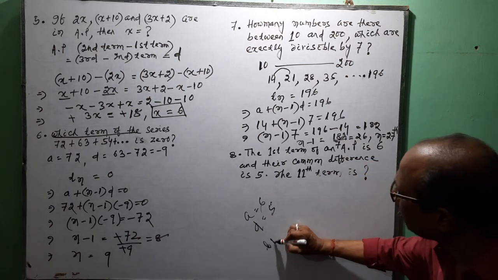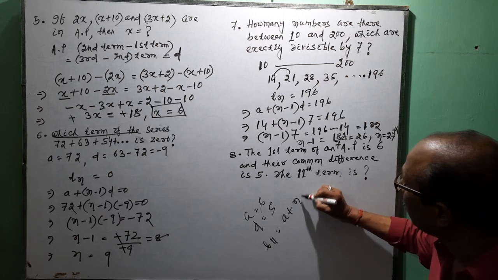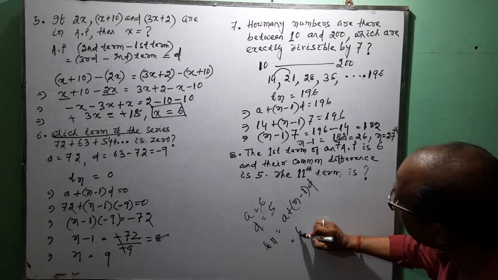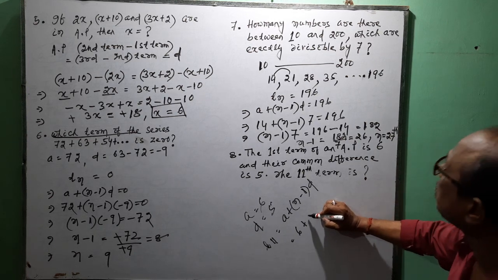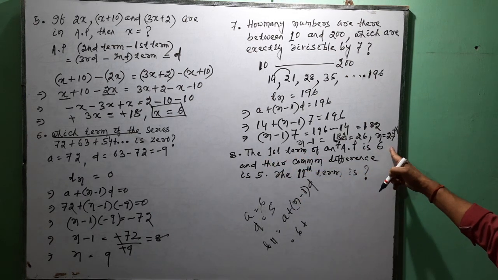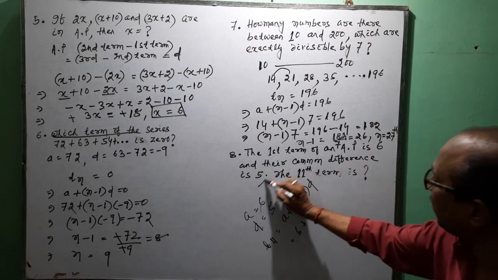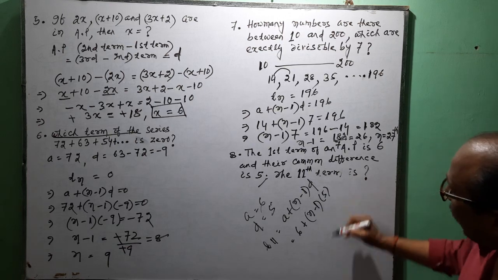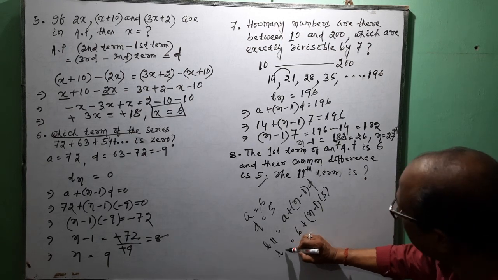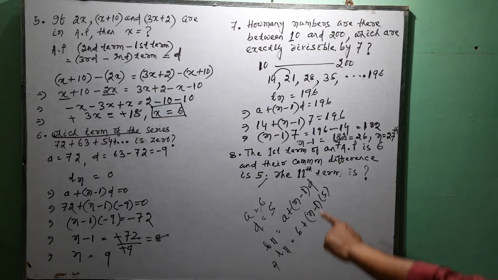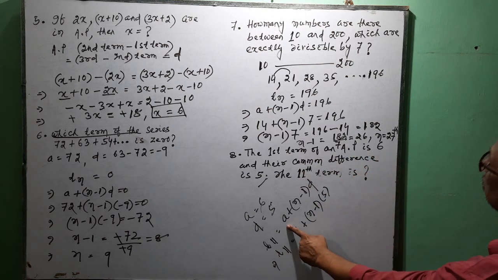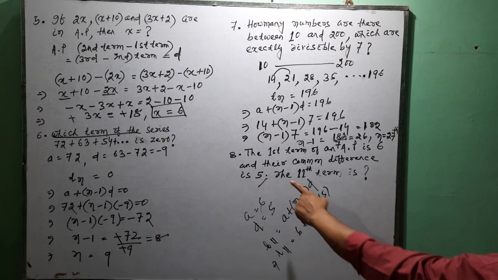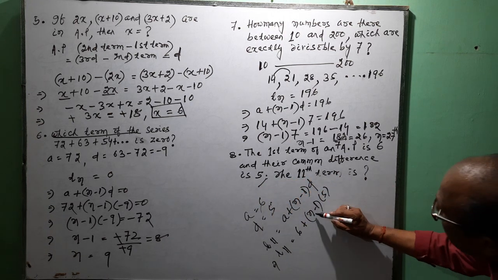T11 is equal to A plus n minus 1 whole into D, with n equal to 11.